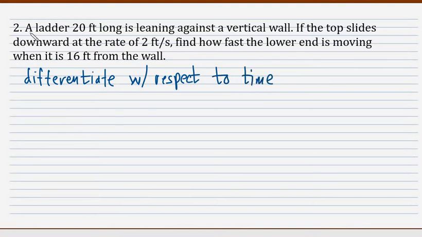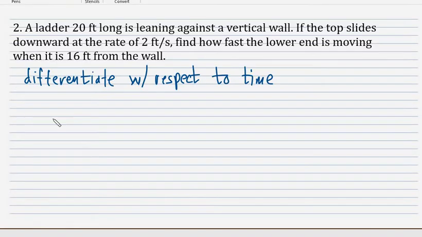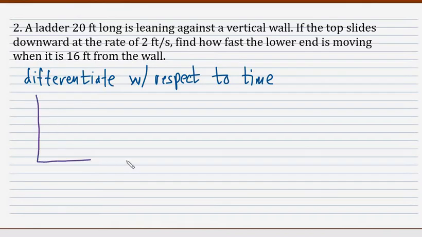Okay, so let's say here a ladder 20 feet long is leaning against a vertical wall. So we have a wall and we have a ladder. So our ladder is 20 feet long. Now if the top of the ladder slides downward at a rate of 2 feet per second, so we already have a rate here, 2 feet per second.